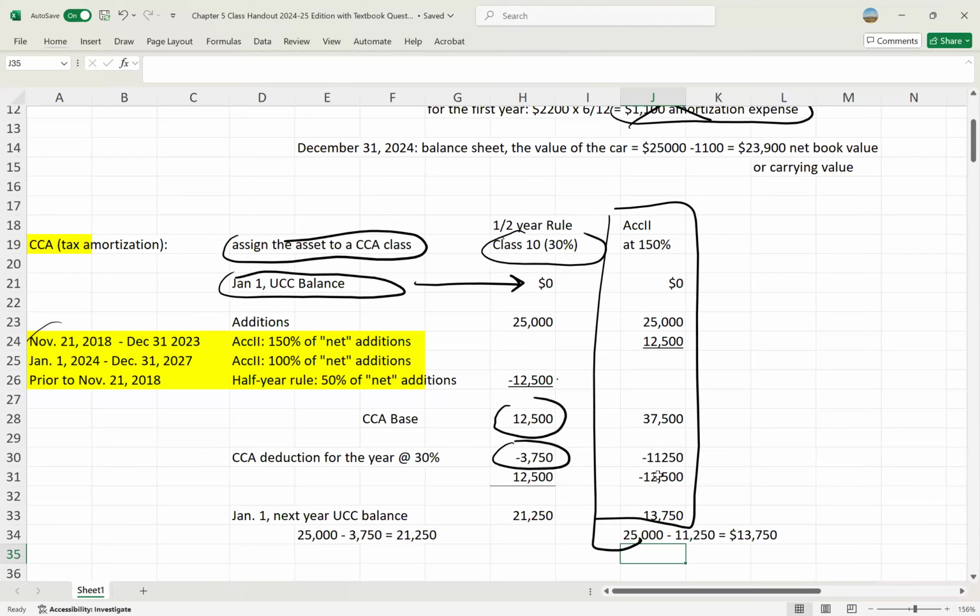So in order to stop those corporations from leaving, they introduced this accelerated investment incentive at 150%, saying that companies that buy assets will get a larger deduction in the year that they invest in these additional assets. And so this larger deduction means that they will have more expenses that they can deduct, lower profits they have to pay tax on.